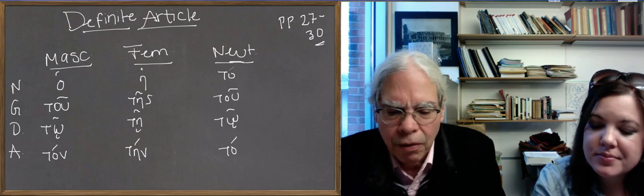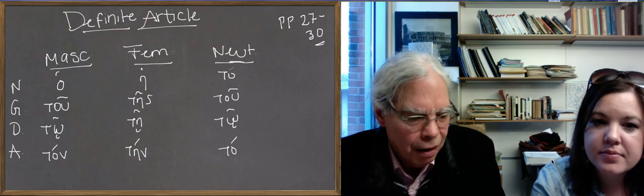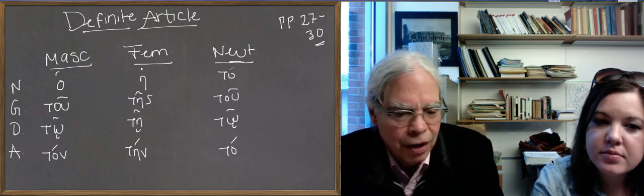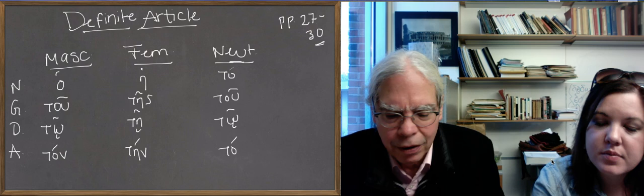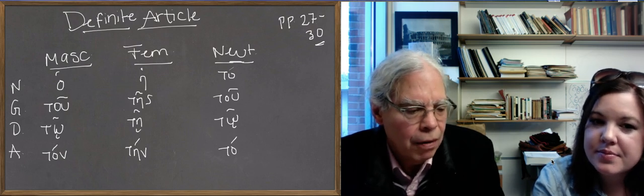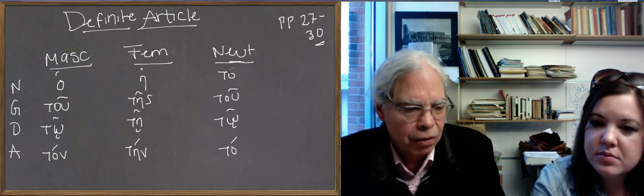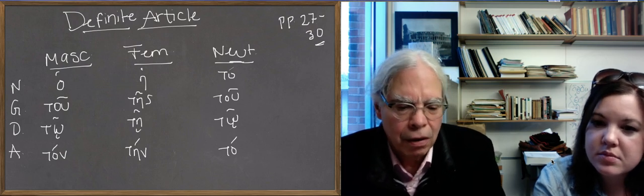And so you have a rule in Greek that an adjective, like the, but it also works for things like good and bad and helpful and stupid, an adjective always agrees with the noun that it modifies in gender. So if the noun is masculine, the article or the adjective has to be masculine.